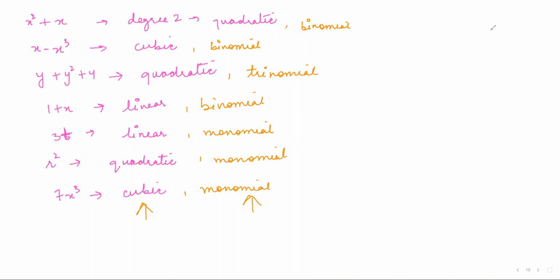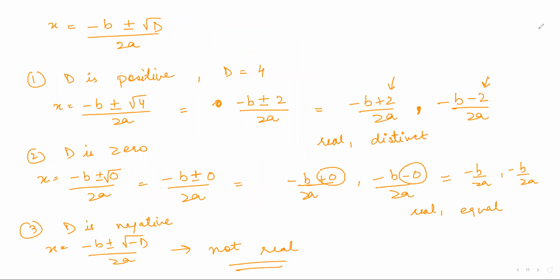Now let us come to some important topic next. First of all, let us know what is called the value of a polynomial. Like how do we find the value of a polynomial? For example, if I have a polynomial in x, for example, 8x squared minus 3x plus 7, I can give it any name.